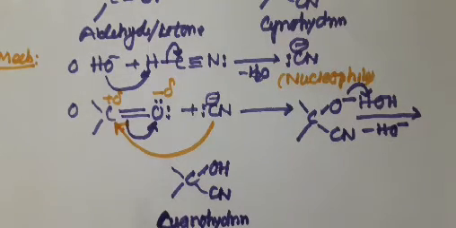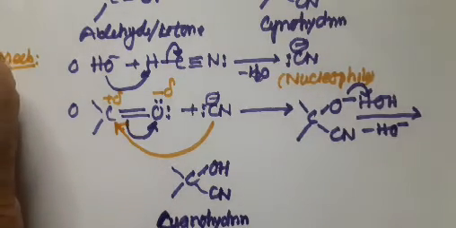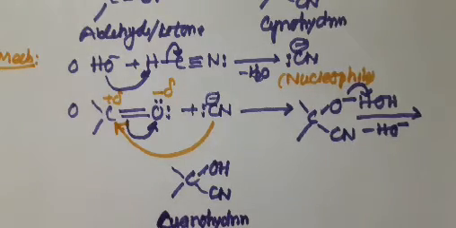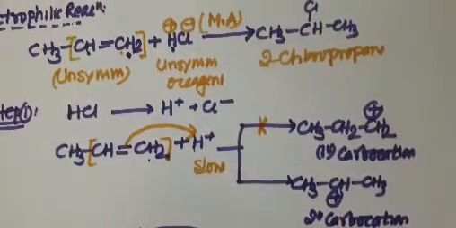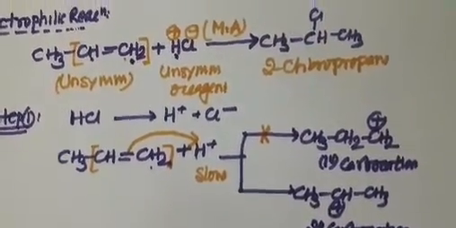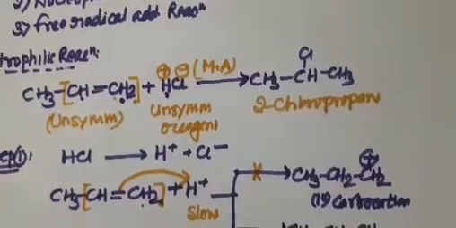So we have discussed two most important types of addition reaction, one of which is electrophilic addition reaction and the other one is nucleophilic addition reaction. Now we will try to show the last type of addition reaction, and that is free radical addition reaction.